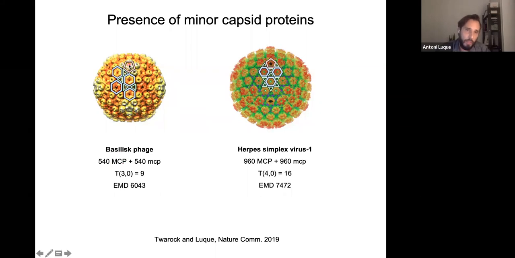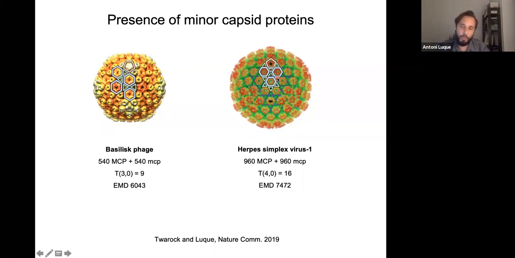And if you take the capsomers, the pentamers and the hexamers, and you follow them, so here's one pentamer, and this is the closest one, you have 3 steps, the formula will give you a T9. But you have a bunch of minor proteins here that actually make the hexamers and pentamers be oriented in a way that is not predicted by the theory either.